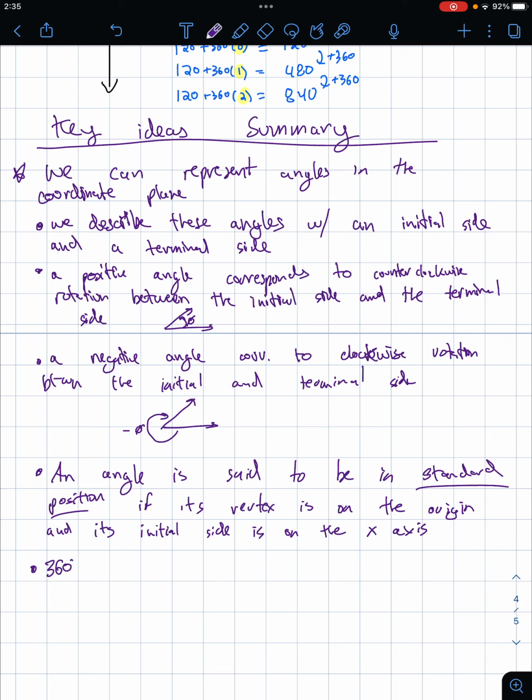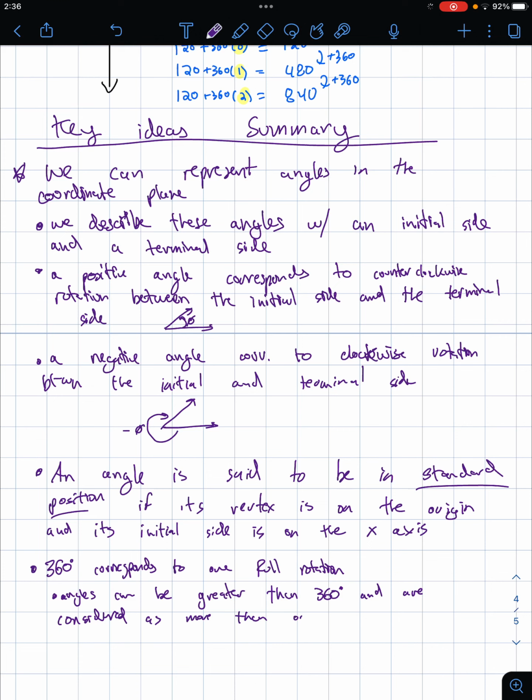We can say 360 degrees corresponds to one full rotation. Angles can be greater than 360, and it just means that we have more than one full rotation.